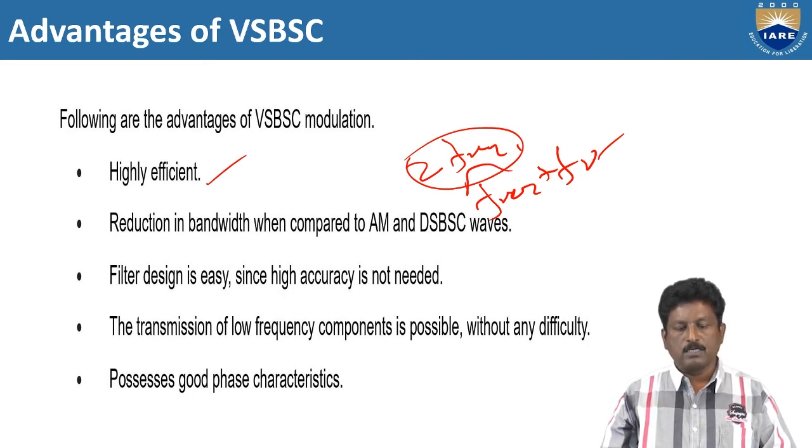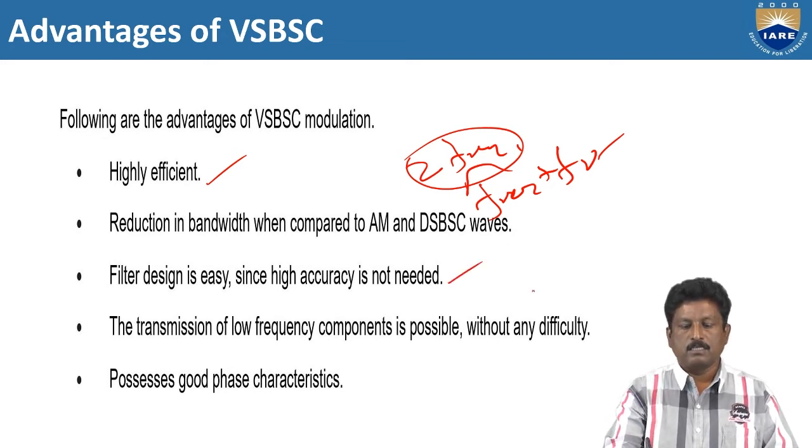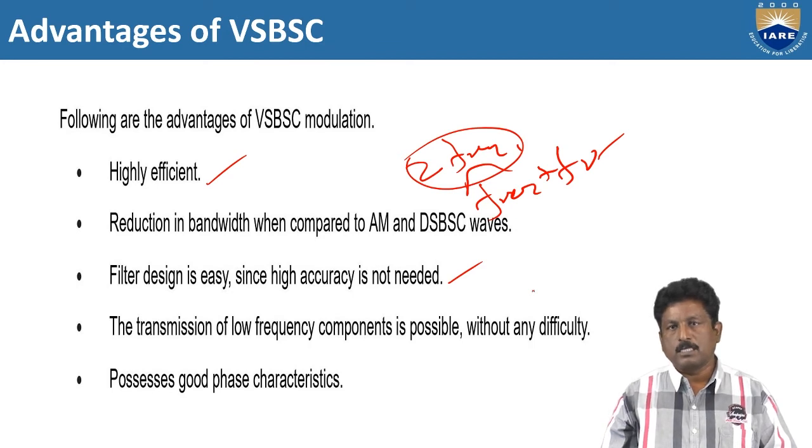Then coming to the third one, filter design is easy since high accuracy is not needed. Because we are transmitting part of the other sideband, we do not need to design for the exact frequency. So the carrier frequency FC plus FV, there is a change in the range, so automatically the filter design also becomes easy for the exact frequency band of this VSB-SC wave.